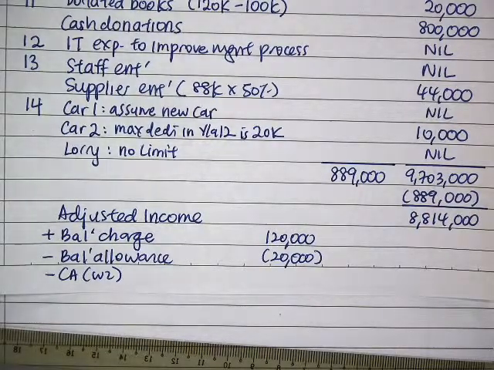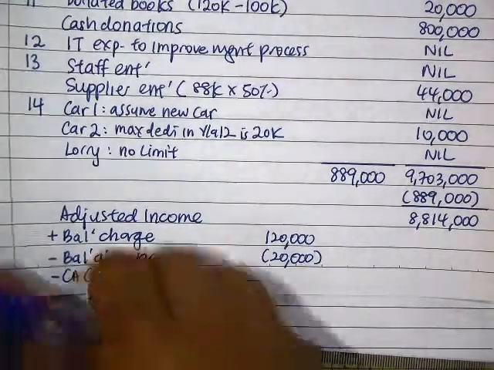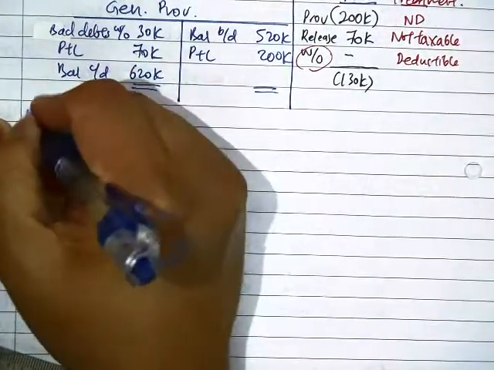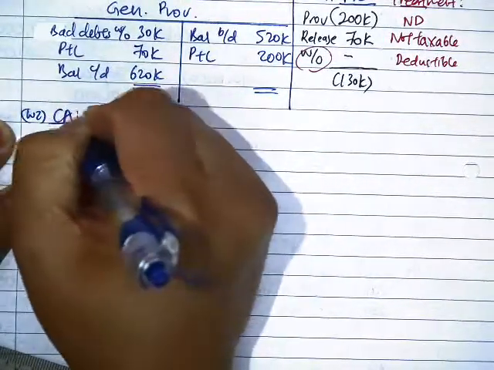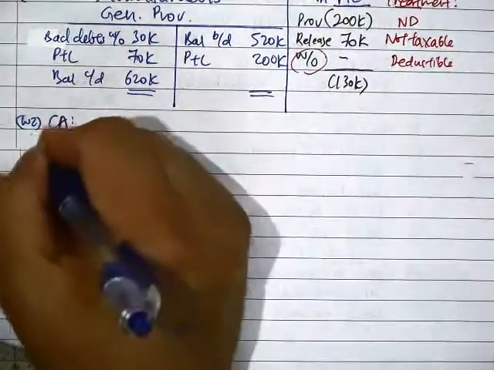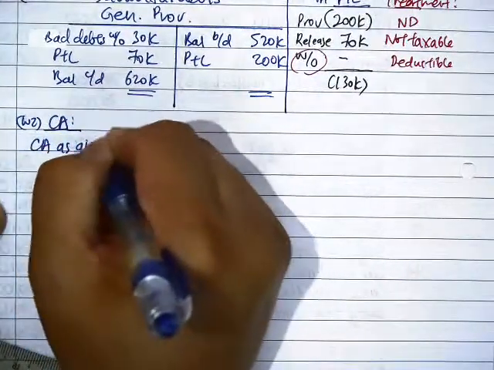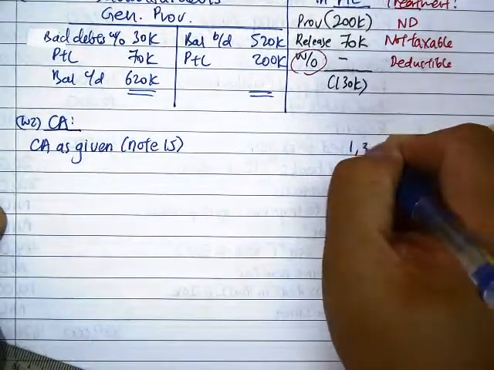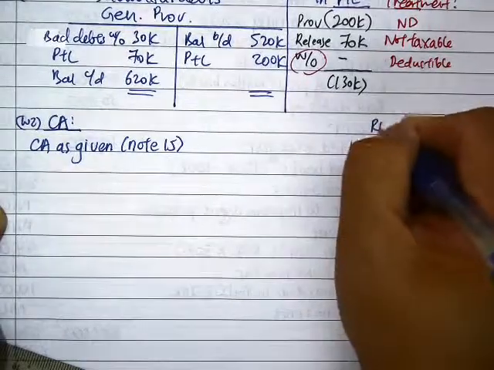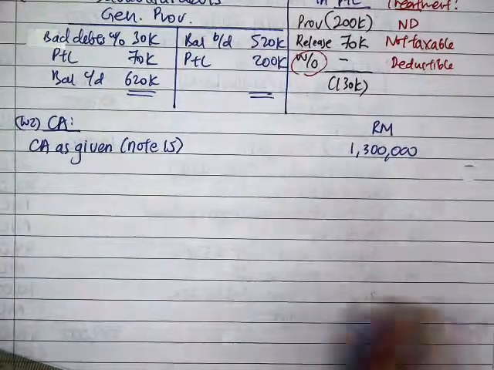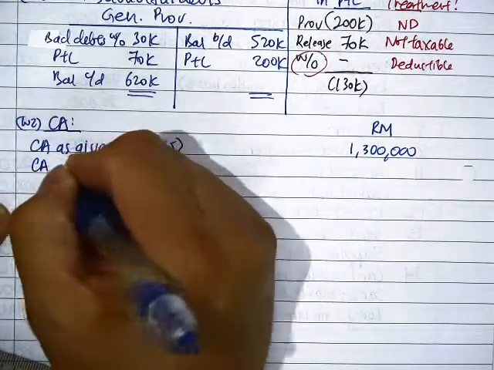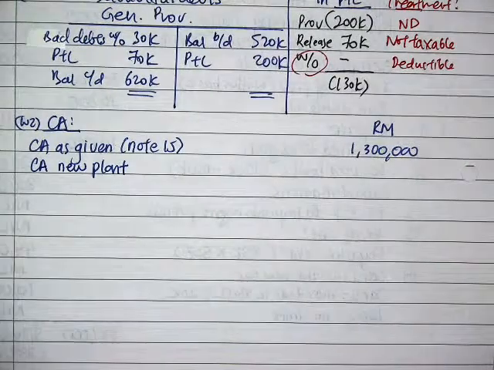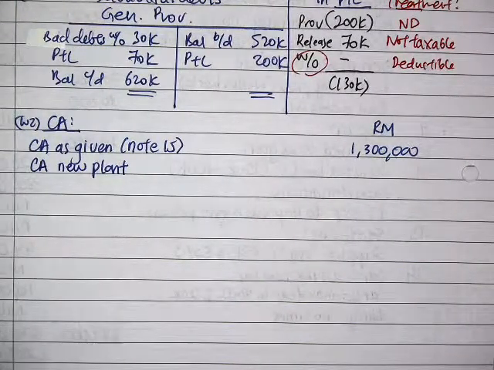Try to work out for me what's the CA. Now the CA given is 1.3. You just need to calculate how much is the CA for the new plant.